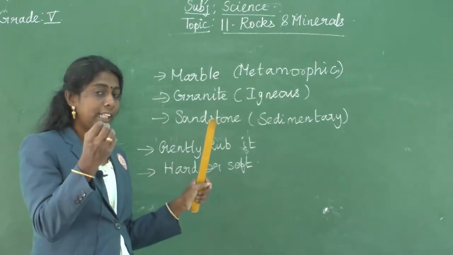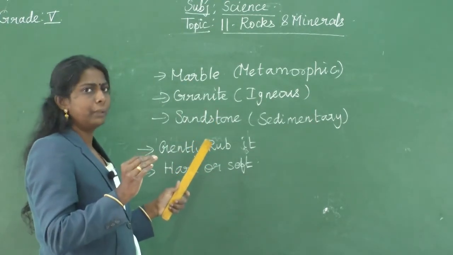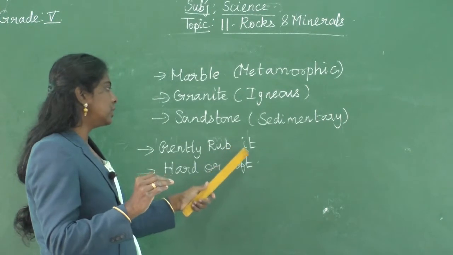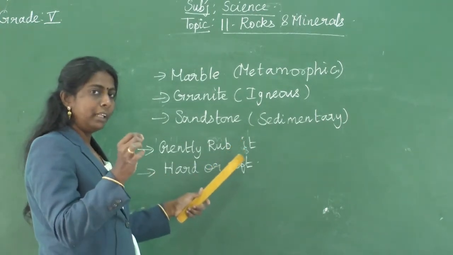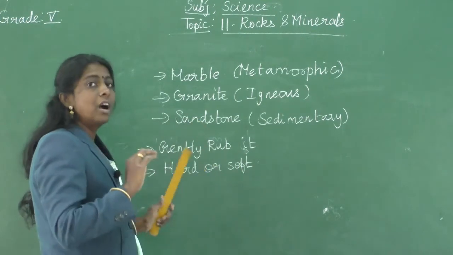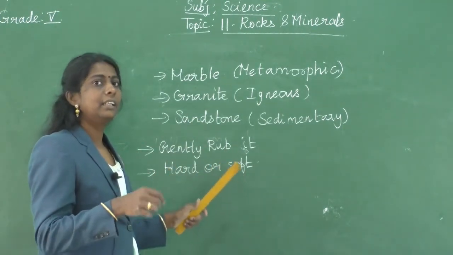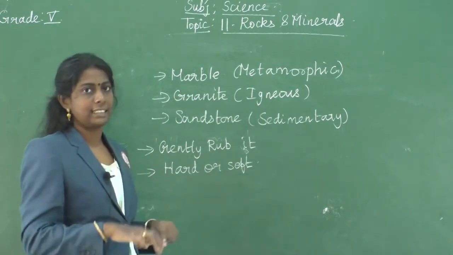You are going to collect a piece of all three and then gently rub it. By touching or rubbing, you can differentiate whether the surface is hard or soft. Find it and submit the activity to your class email ID.